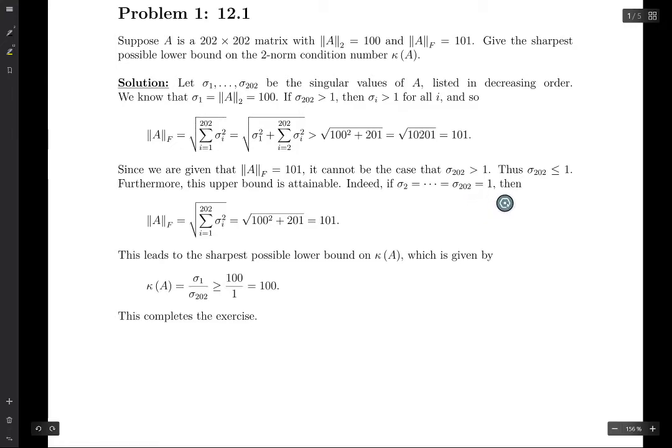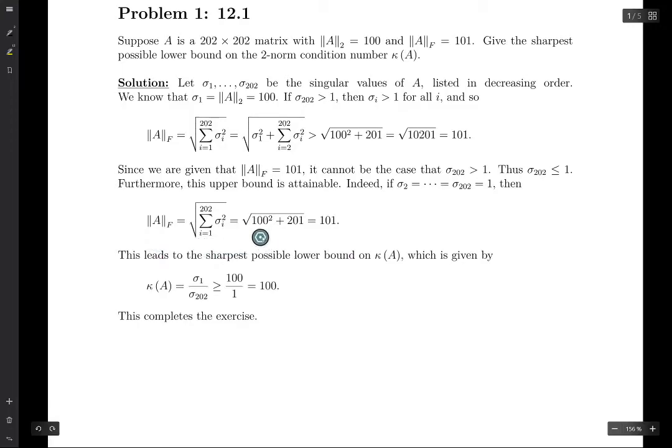And so then what do we know from here? Certainly the 2 norm of A is going to be 100, because we've chosen sigma 1 to be 100, which has to be the 2 norm of A. But then we also need to check that the F norm of A is 101. The F norm of A is just the square root of the sum.